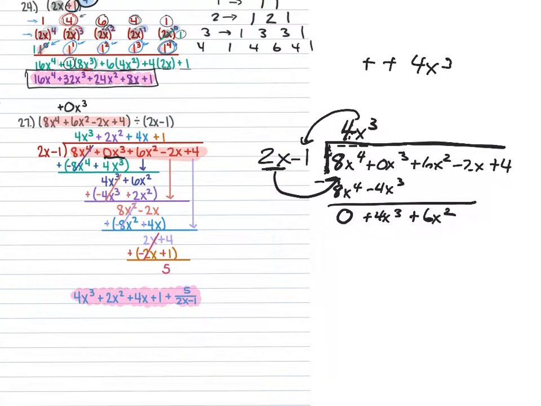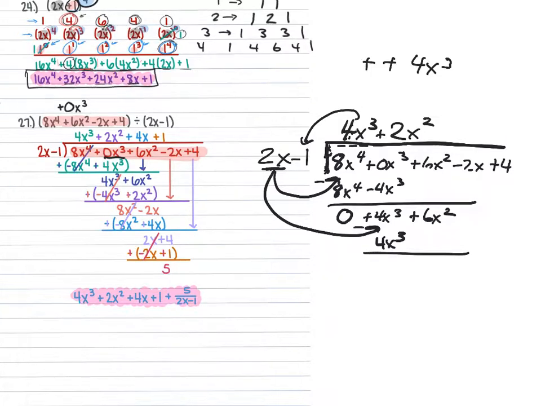2x times what would give me 4x cubed? Maybe 2x squared. 2x squared times 2x will give me 4x cubed.